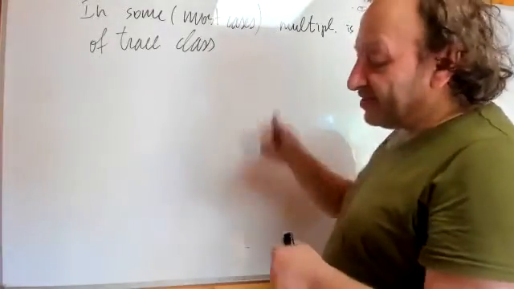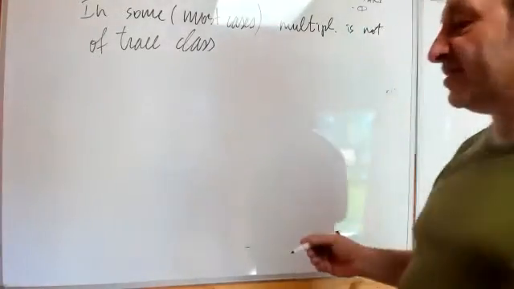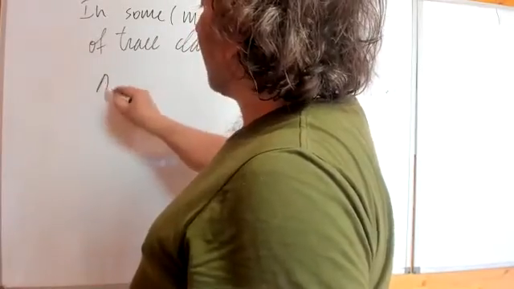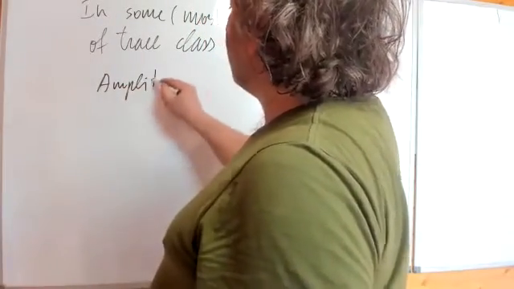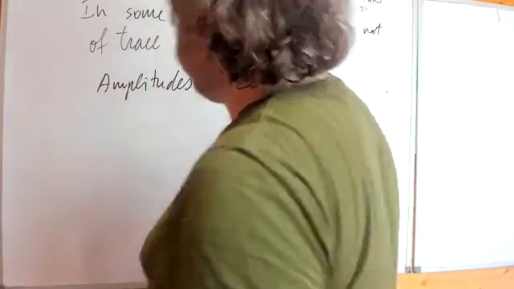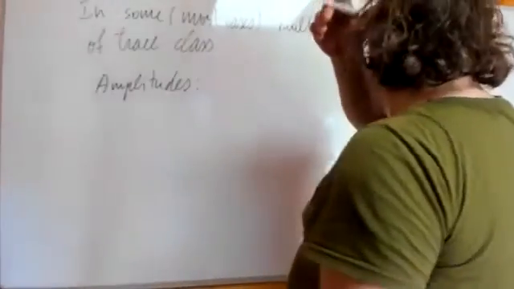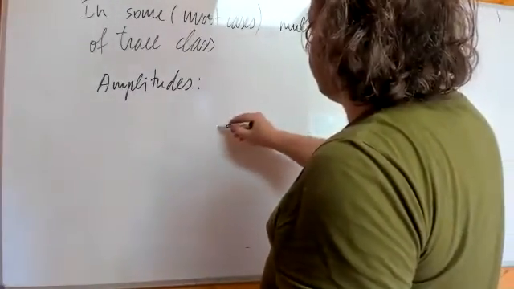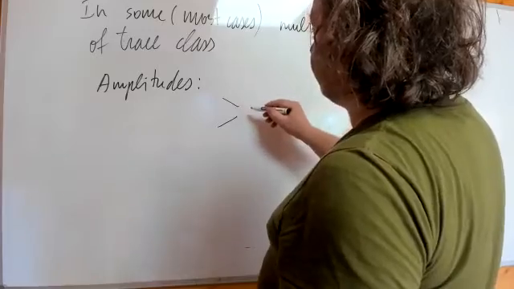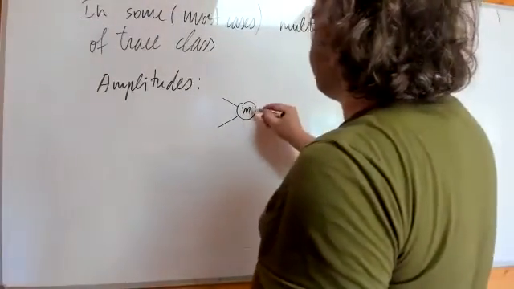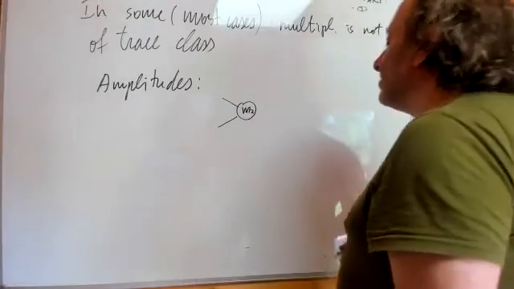So having this BV algebra, etc., you can construct amplitudes in the following form. You consider trees, you consider graphs. You put M2 here.